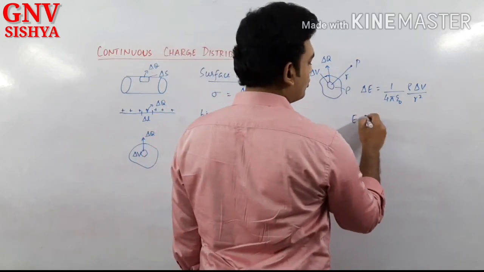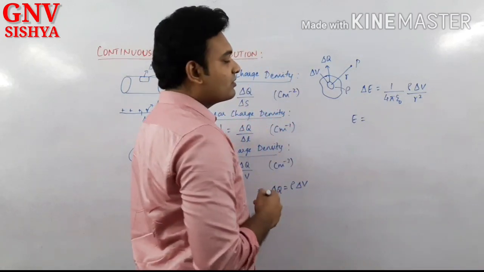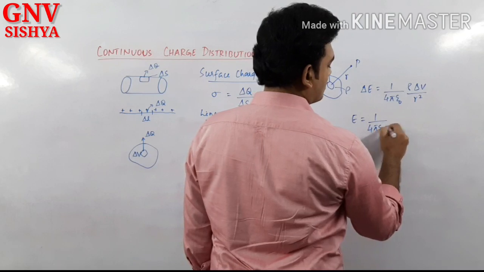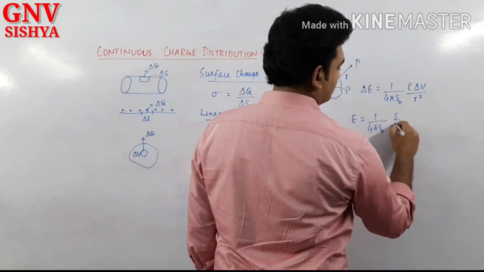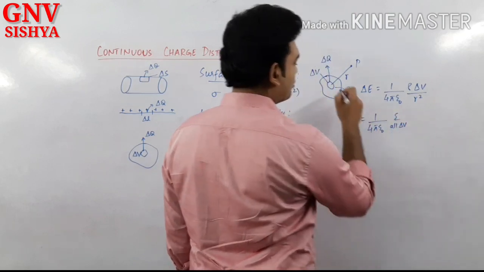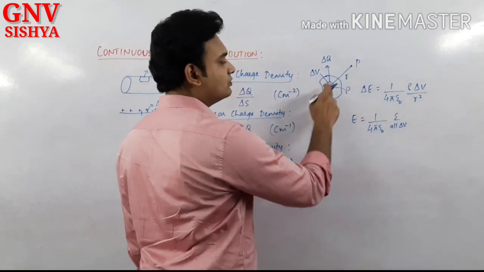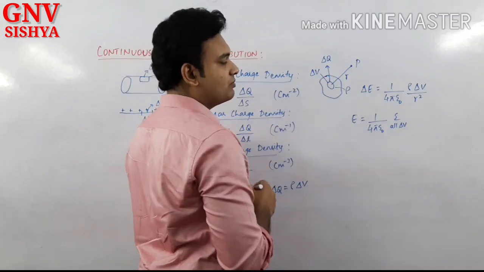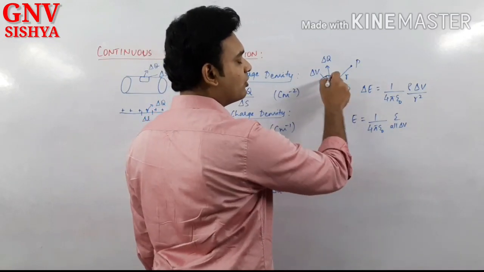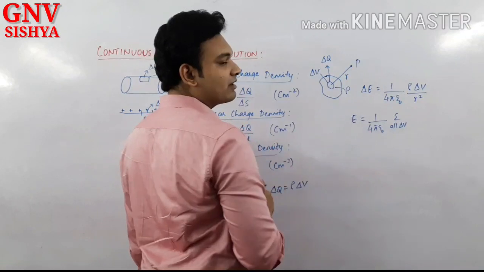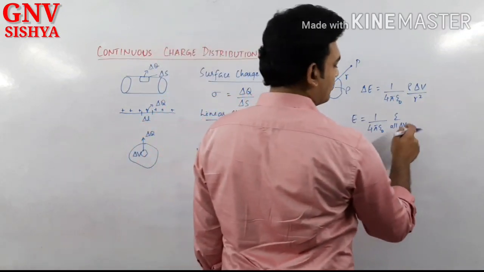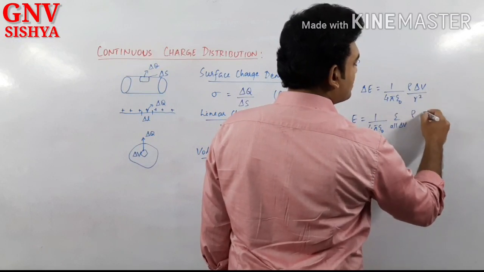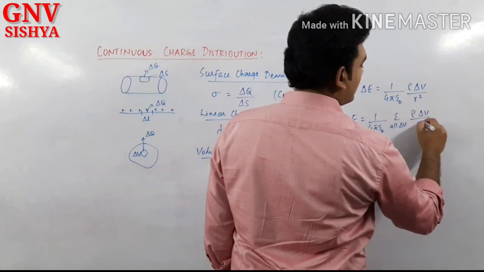Now how do we calculate the total electric field? The total electric field can be taken as a summation. 1 by 4 pi epsilon naught will be a constant. Summation of all the del V volumes present in this object, which make up the total volume V. So the electric field due to the whole object at point P can be calculated as a summation of all small volumes, and here we'll have rho into del V divided by r square.